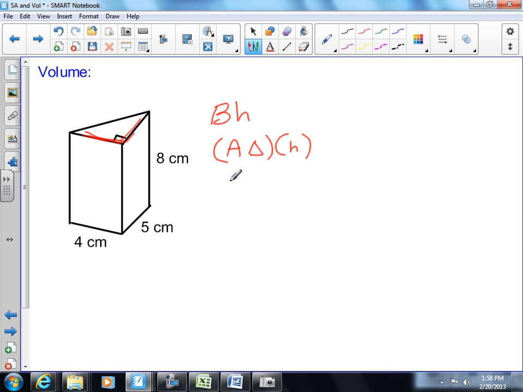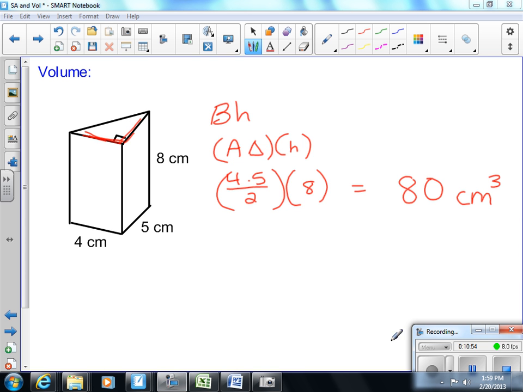Remember, base of the triangle, which would be 4 times 5 divided by 2, all times 8. So you have 10 times 8, which is 80. And this would be cubic centimeters. In most cases, I think finding volume is a little quicker because you don't have as many parts to find. It's really only a one-step problem.